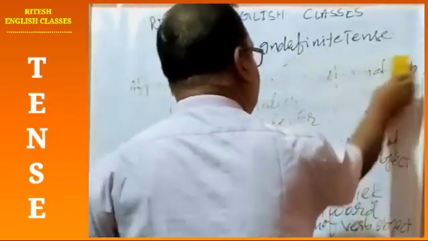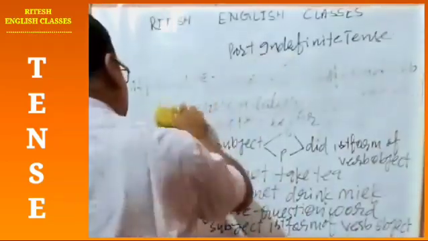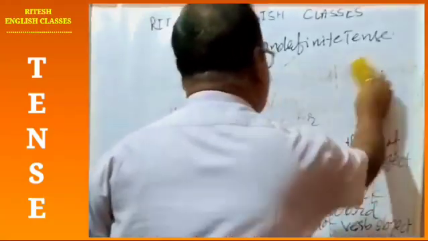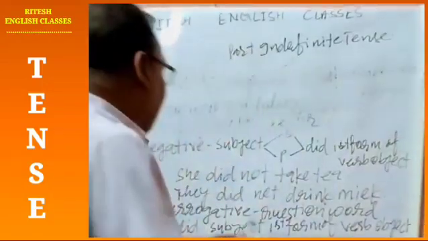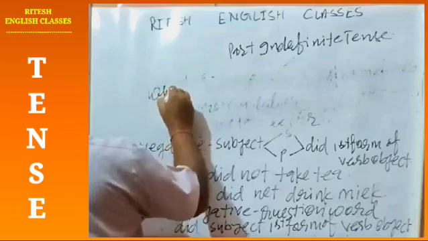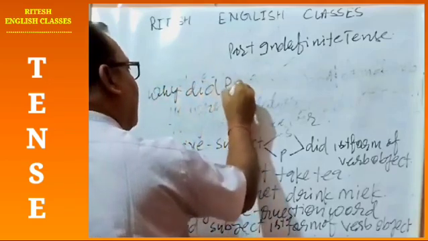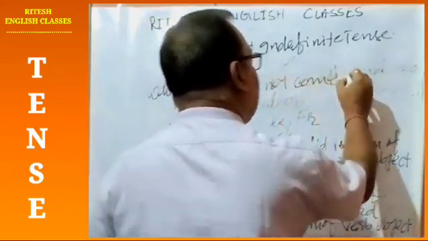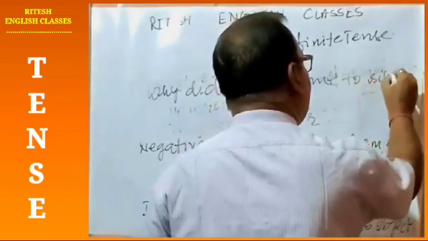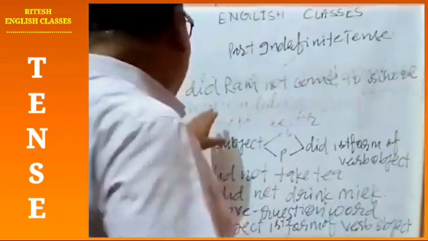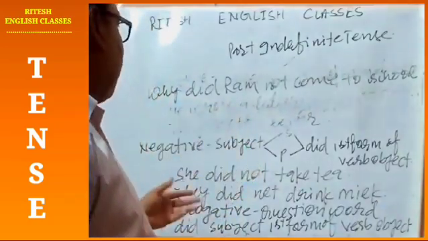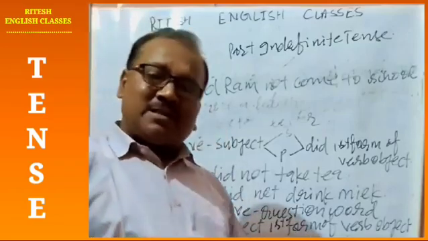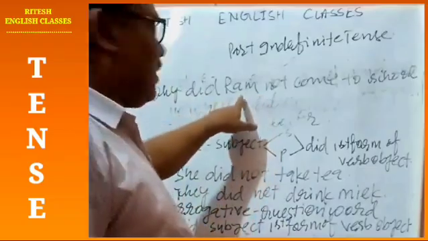Example will be: why did Ram not come to school? Okay, here is interrogative plus negative. Interrogative and interrogative plus negative use the same rule, only not is used after the subject.